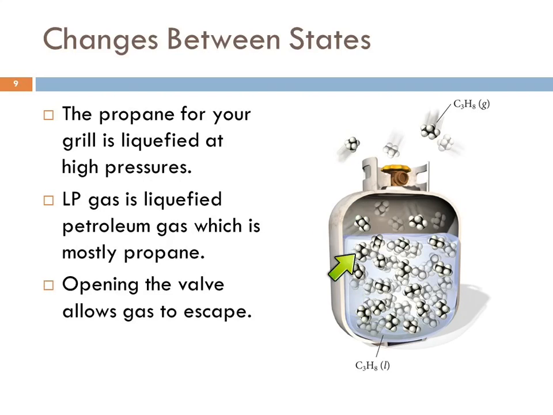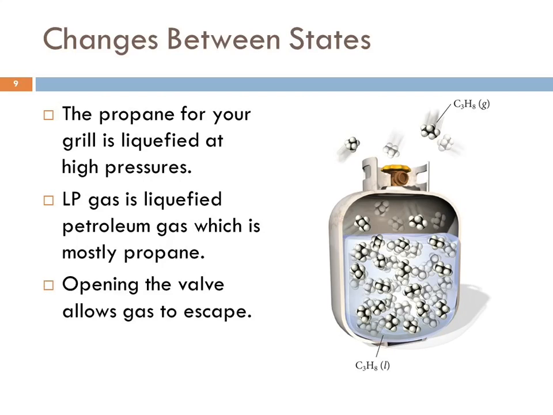So there's this propane tank. It's LP gas. LP is liquefied petroleum gas. It's mostly propane. Why is it a liquid? It's a liquid because they shoved so much of it in there and it's under such high pressure that it's squeezed together and it becomes a liquid.